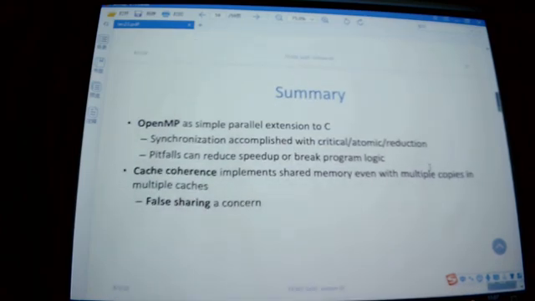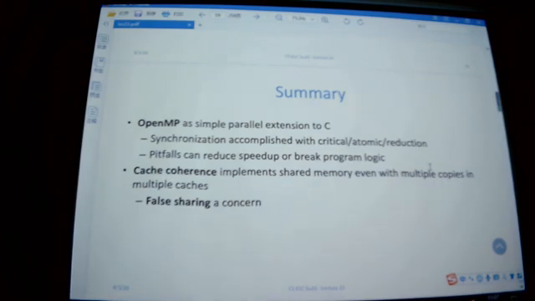Okay, this is the summary of lecture 23. The summary has 2 sections. One is OpenMP. OpenMP is a simple parallel extension to C. We can see synchronization accomplished with critical, atomic, or reduction.